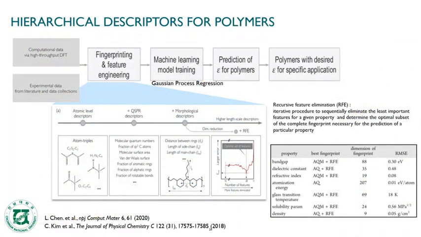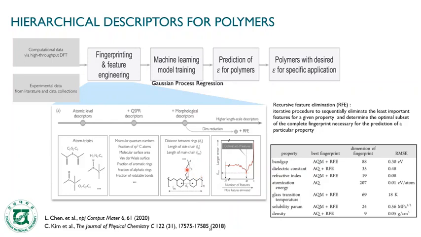The Polymer Genome, the polymer property prediction platform that I mentioned earlier, uses experimental data and DFT calculation results, and using a classical machine learning algorithm named Gaussian process regression, they relate these polymers to the target properties. For that step, they use hierarchical descriptors, from the atomic level of information up to molecular and morphological characteristics, including chain stiffness and branching, all used as the Polymer Genome fingerprints.